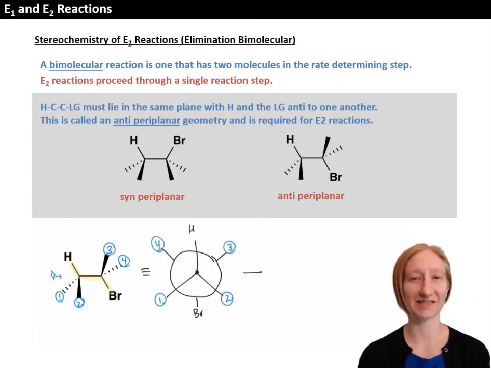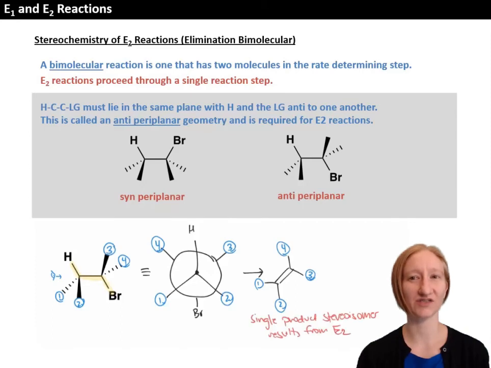Elimination from this anti-periplanar geometry is important because it provides a single stereoisomer of the alkene product when chiral starting materials are involved. And I've just indicated that here using our generic structure by numbering the positions to indicate the stereoisomer that will form.